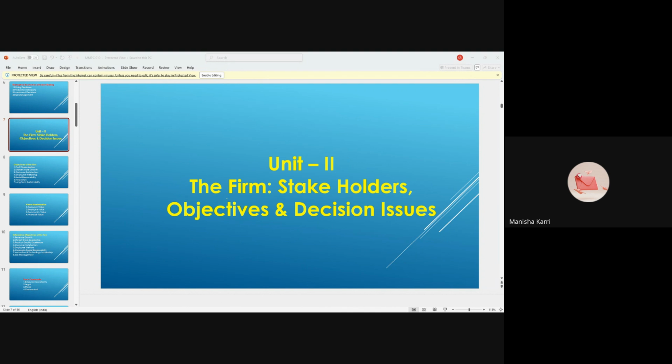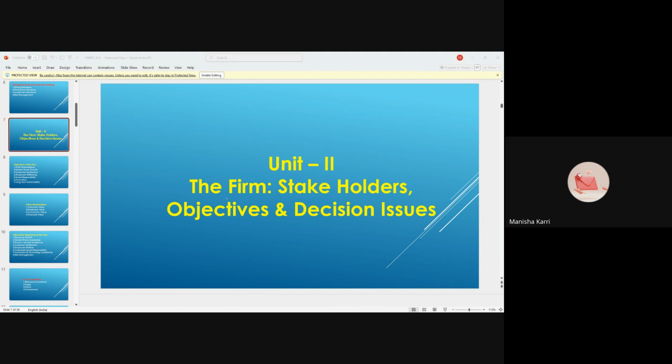Coming to the introduction, generally the concept of the firm encompasses a wide array of elements that contribute to its operations and success. Among all these elements, stakeholders, objectives and decision issues play very crucial roles. Understanding these components is essential for the firm's dynamics and ensuring its sustained growth and development within the organization.